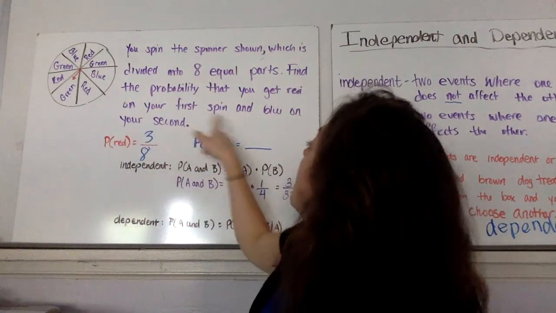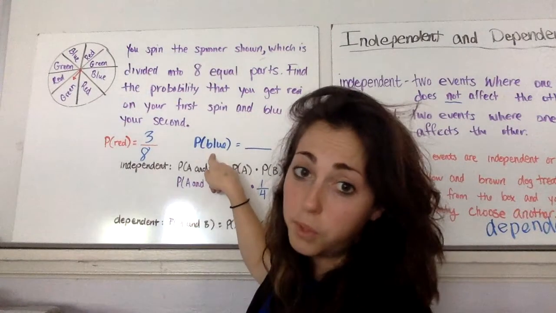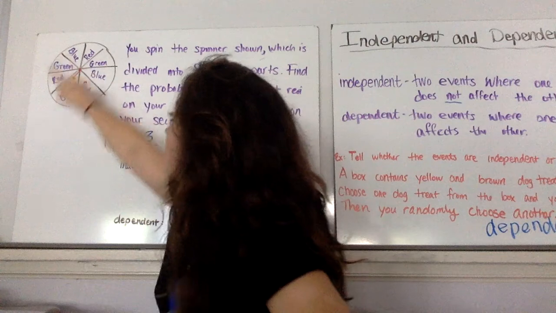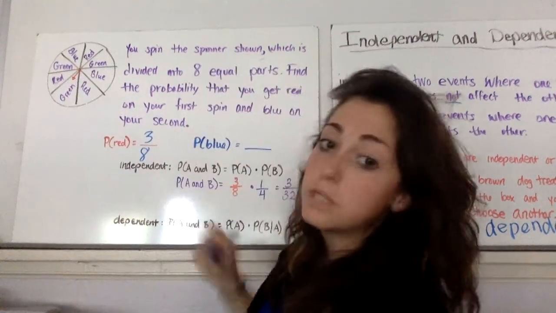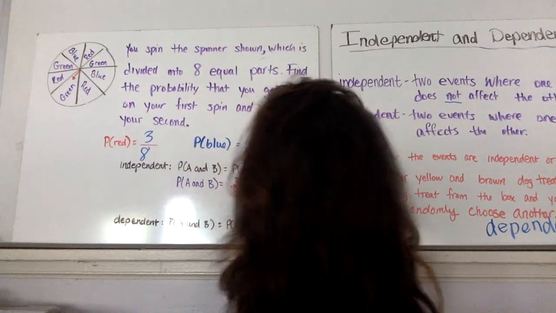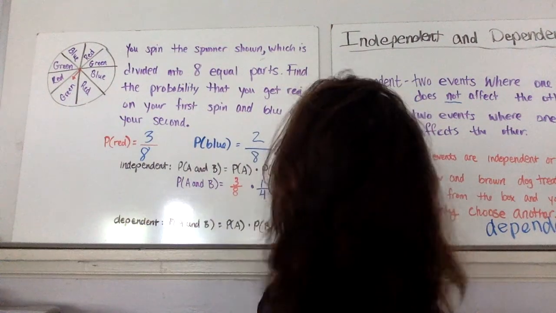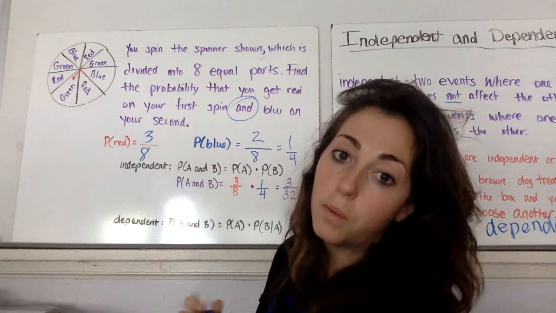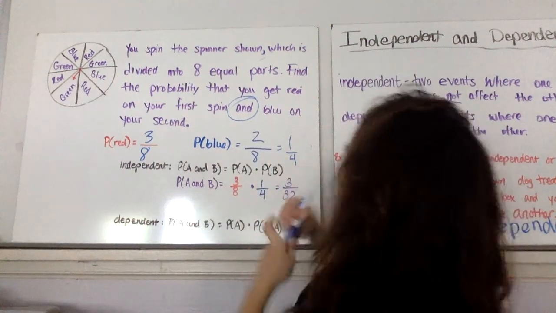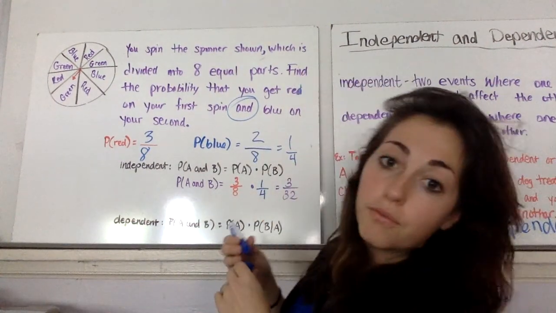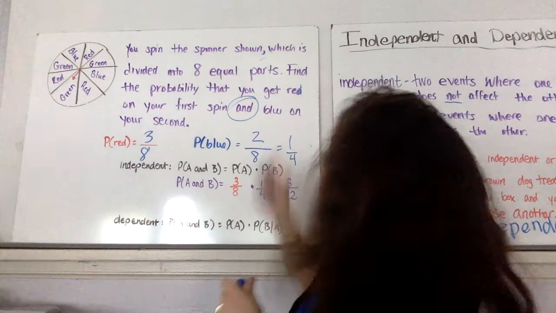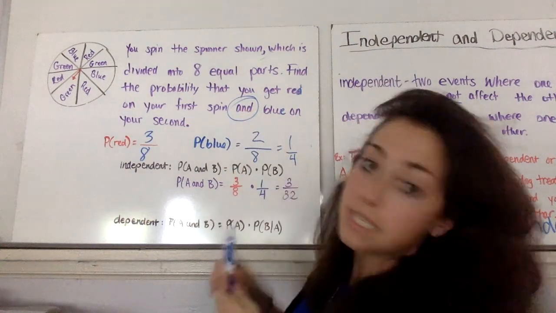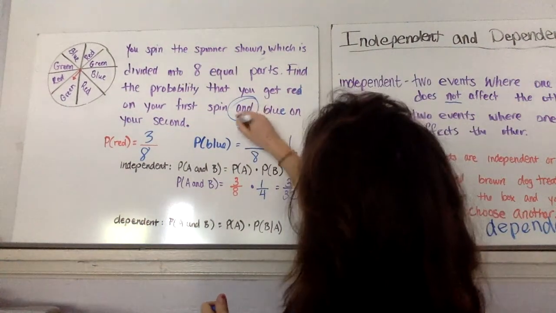So you just find the probability of a blue. Regardless whether it came first or second, it's the same thing. Blue on the second: there are 2 blues out of 8, which reduces to 1/4. Now we need an and scenario. We want the probability of red on your first spin and blue on your second, and we do multiplication with and.